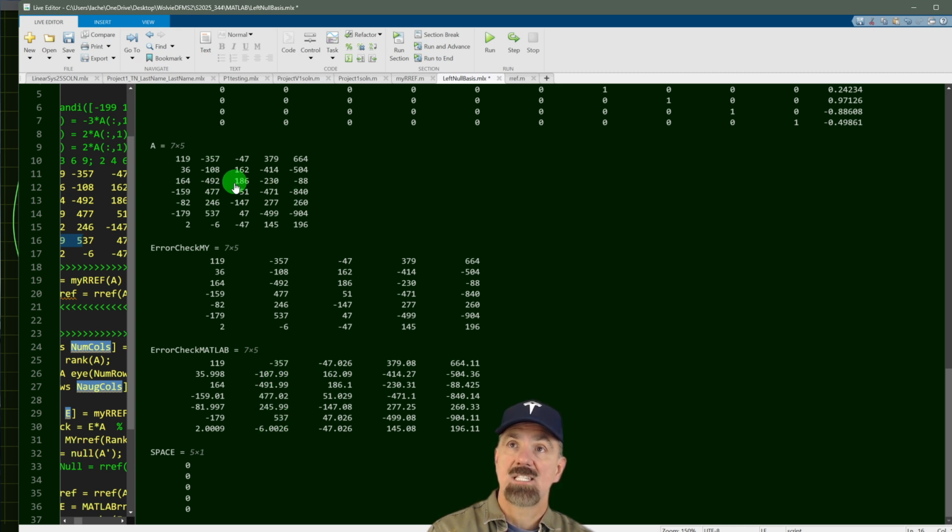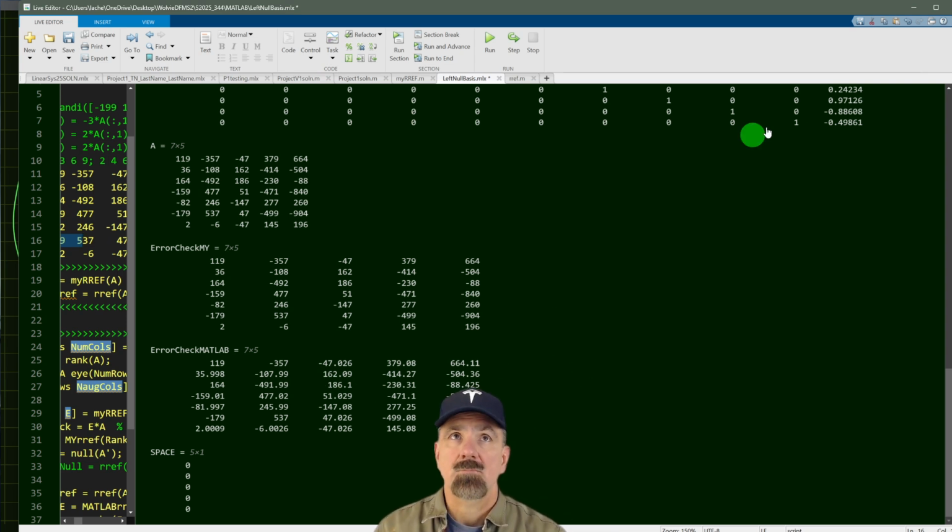These numbers should match exactly with these numbers because we have gone in and multiplied inverse of E times the RREF, which should give us exactly A. And in my version, in the version you built for project 1, that's pretty close. MATLAB's version is not close. It's not built for accuracy when we're using integer or simple fractions as inputs.